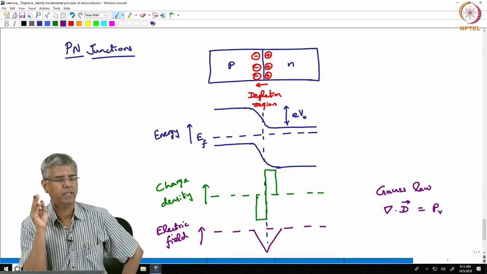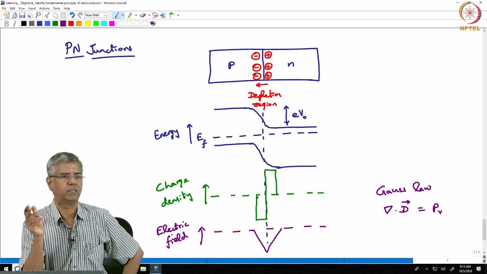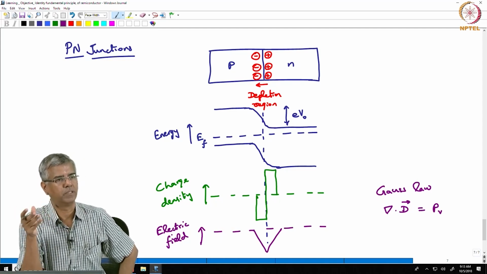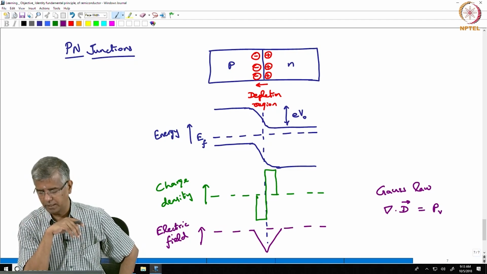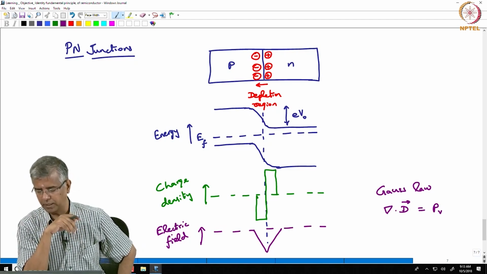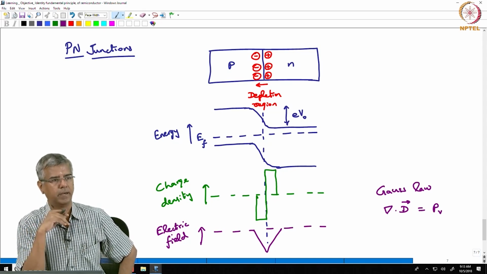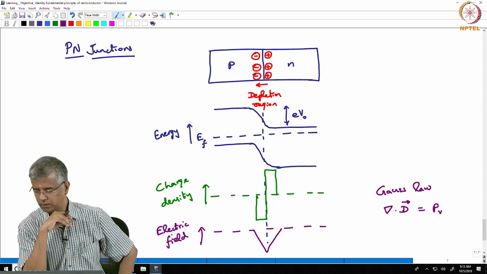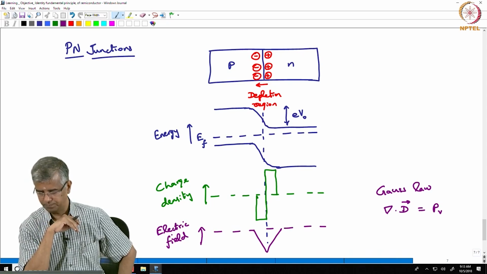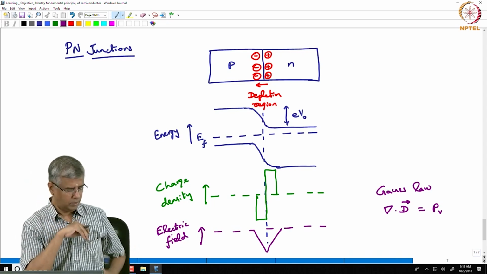So, it basically says, okay, I cannot allow any more diffusion of charges on either side, beyond a certain point. And that equilibrium condition is typically achieved when the Fermi energy on both sides are equal or uniform, right.